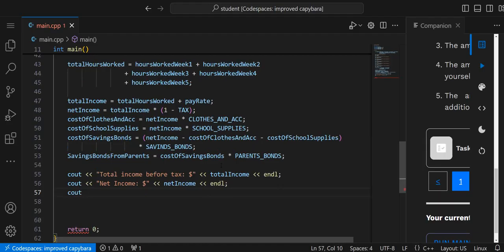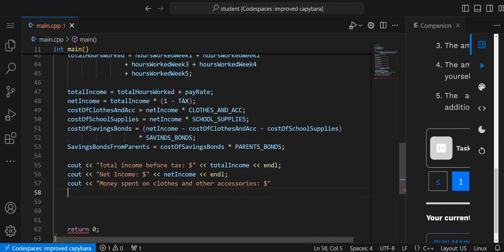Money spent on clothes and other accessories. Let's take it up. Accessories. It'll be a $ sign. Let's go next line. And we'll do cost of clothes and accessories.